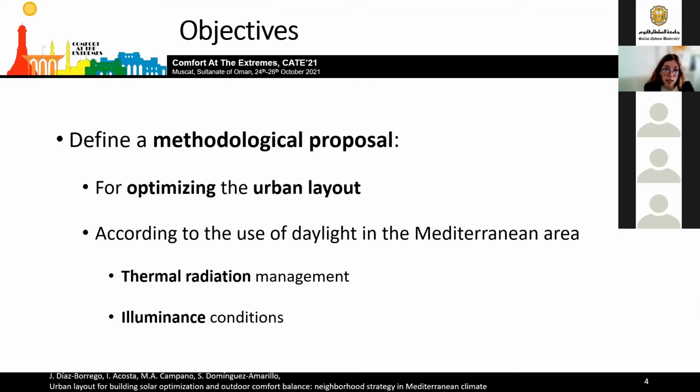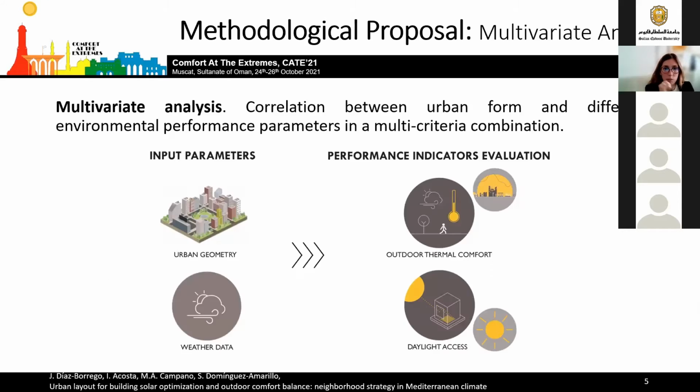The urban configuration in the Mediterranean area suffers from significant solar radiation and thermal oscillation, one of the main factors that affect the urban microclimate in that zone. Therefore, to assess the daylight efficiency of urban design, it's necessary to compare solar accessibility inside buildings and outdoor thermal radiation, which will be affected by the solar potential and the urban heat island effect.